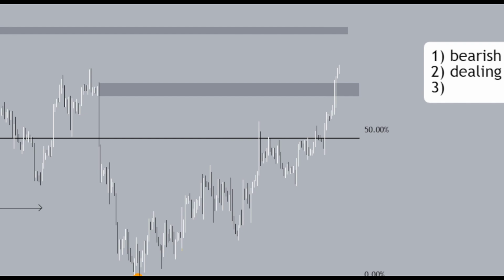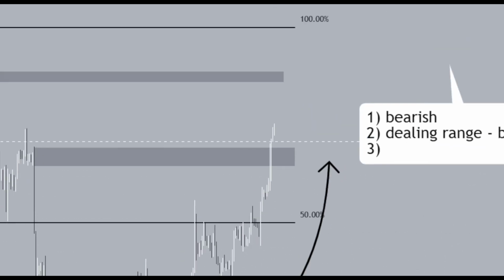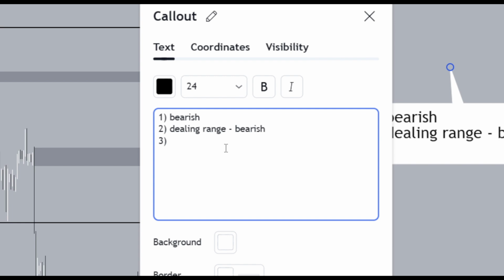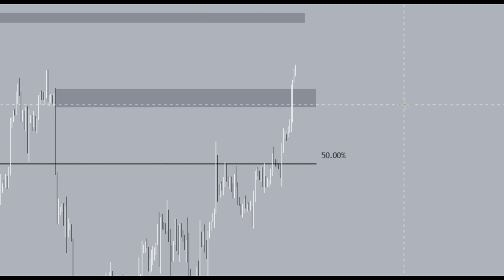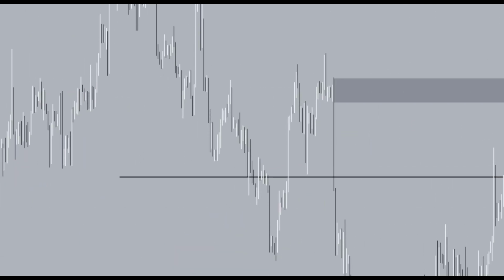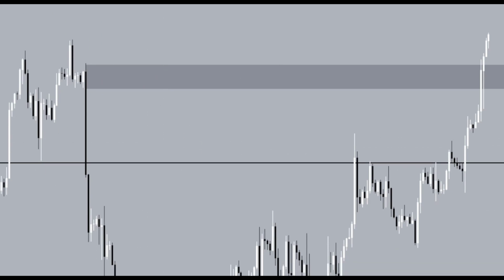The narrative of price was to go from a discount up to a premium. Our third rule to consider was the PD arrays, to premium. You are buying towards premium. And the fourth thing is that we're aiming for fair value gaps, right? We understand that we have fair value gaps over here in this region, right?